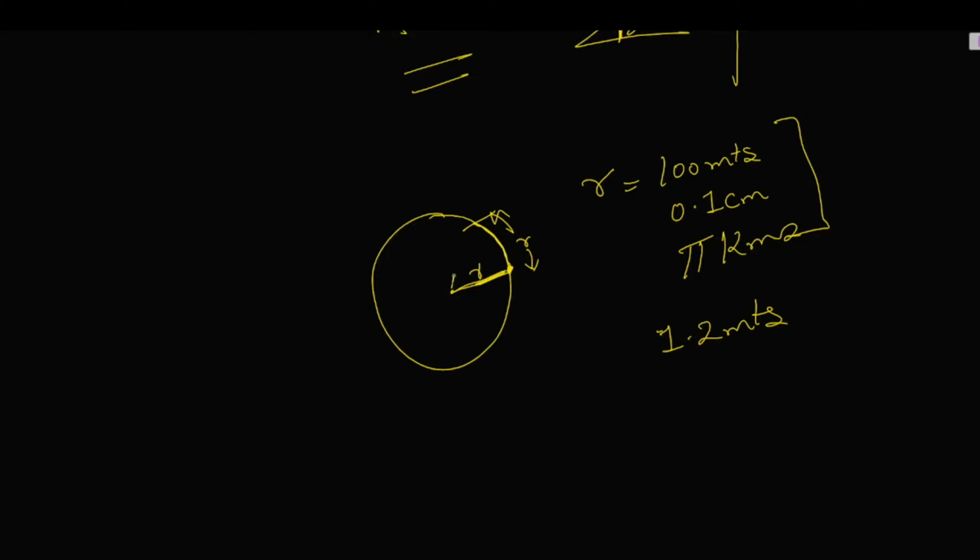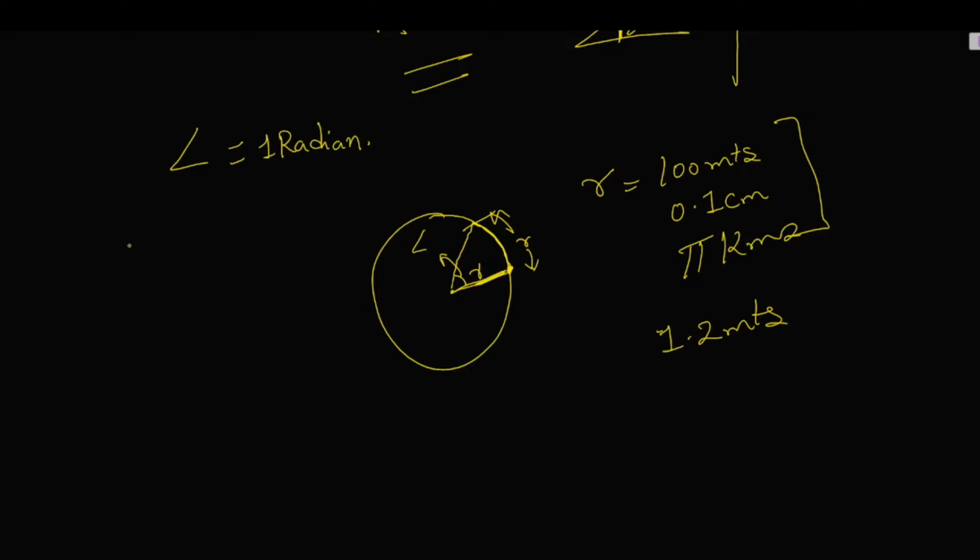So from the center, if I join this point, there will be an angle here. So this angle is called 1 radian.